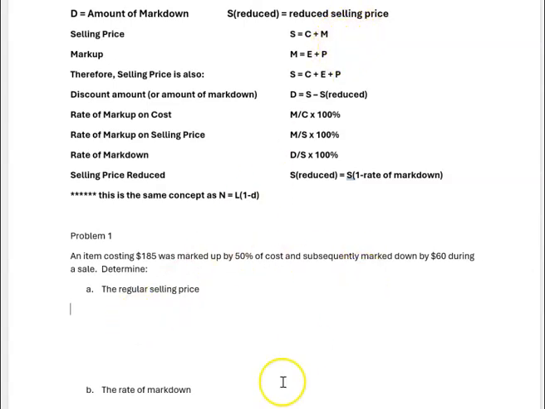Okay, let's have a look here. We've got selling price equals cost plus markup. We've got the cost $185, plus, and we've got marked up by 50% of cost. So we've got our cost of $185, and we're going to multiply that by 0.5.